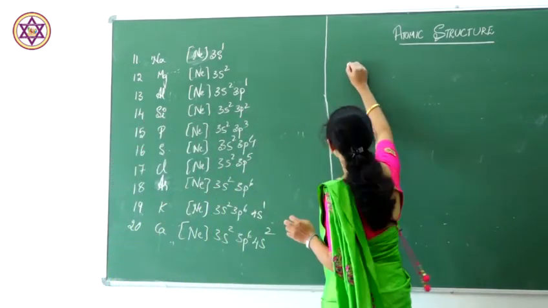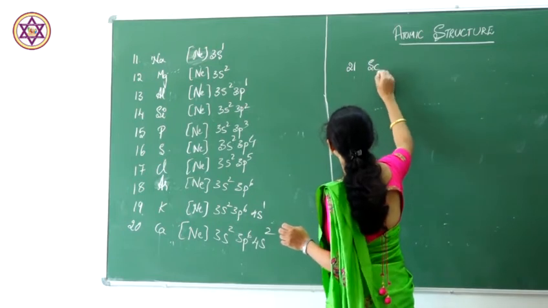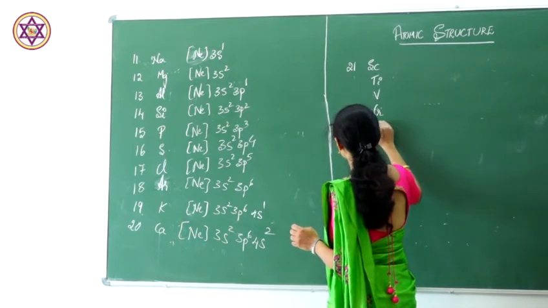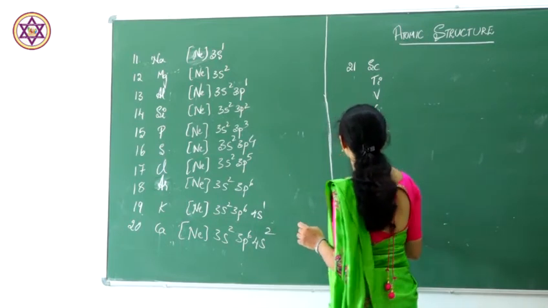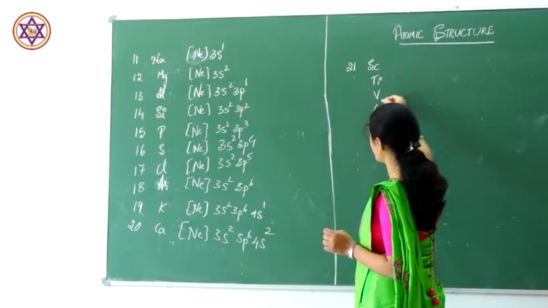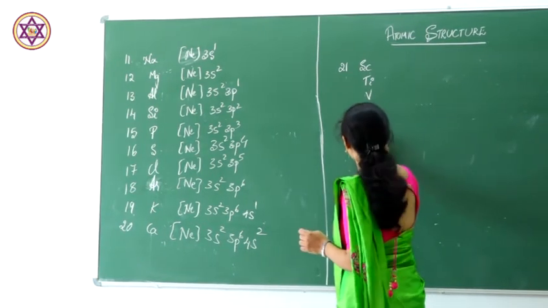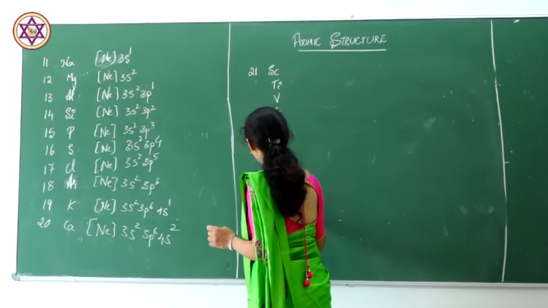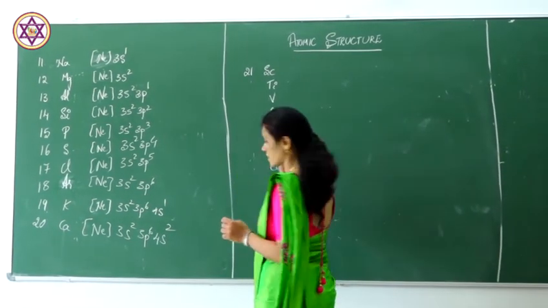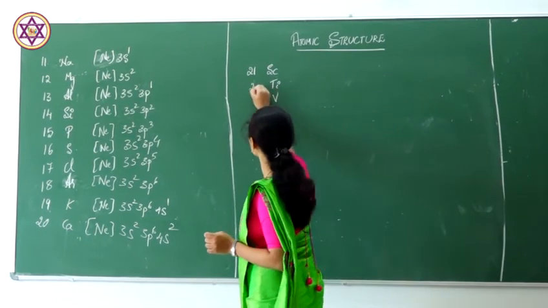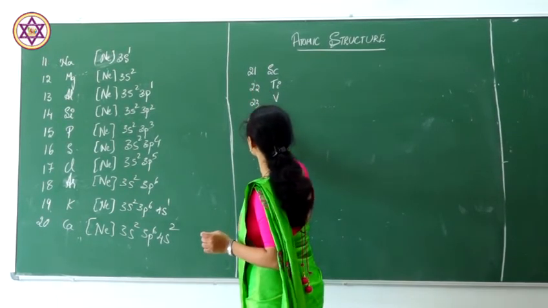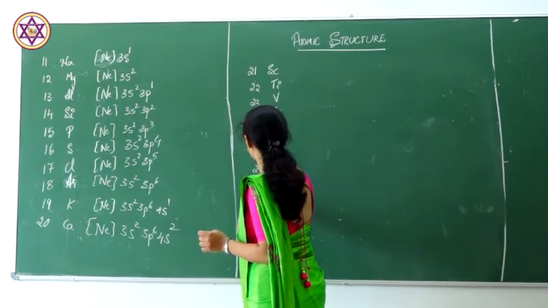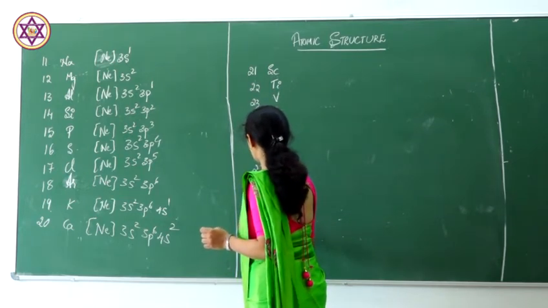After 21 comes scandium, titanium, vanadium, chromium, manganese, iron, cobalt, nickel, copper and zinc. That is 21, 22, 23, 24, 25, 26, 27, 28, 29, 30.